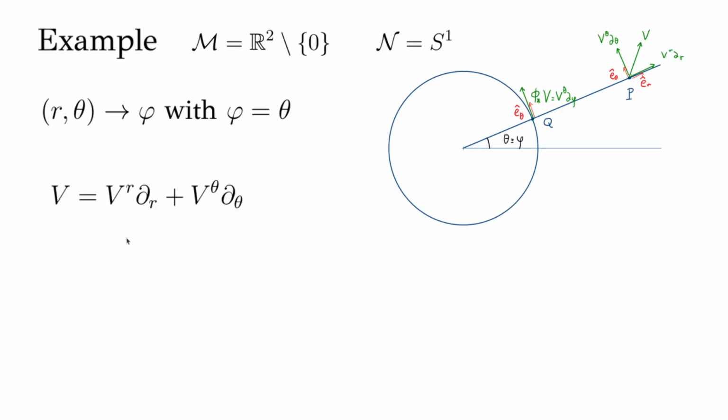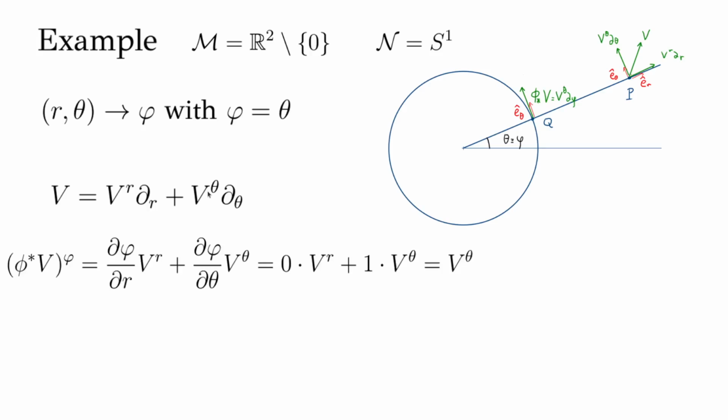To see this, let's consider an arbitrary vector at the point P, whose components with respect to the bases dr and d theta are V_r and V theta. Then we can compute the component of the pushed forward vector phi star V. It is given by this relation, but since phi is not a function of r, this first term here vanishes, whereas this term is equal to 1.